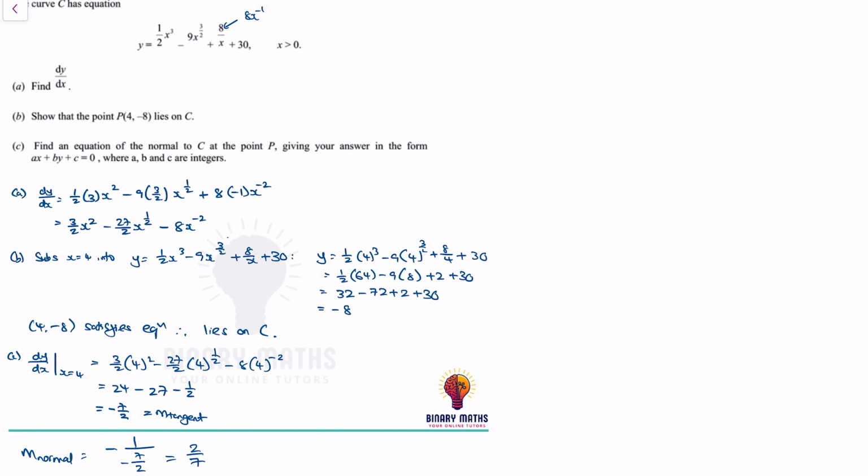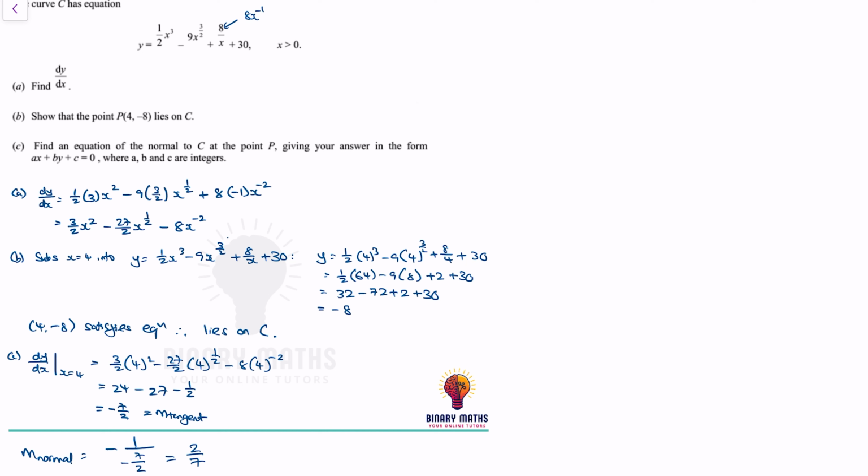So now using m is equal to 2 over 7 and x1, y1 is equal to 4, minus 8, and y minus y1 is equal to m times x minus x1, I end up getting y plus 8 is equal to 2 over 7 times x minus 4.